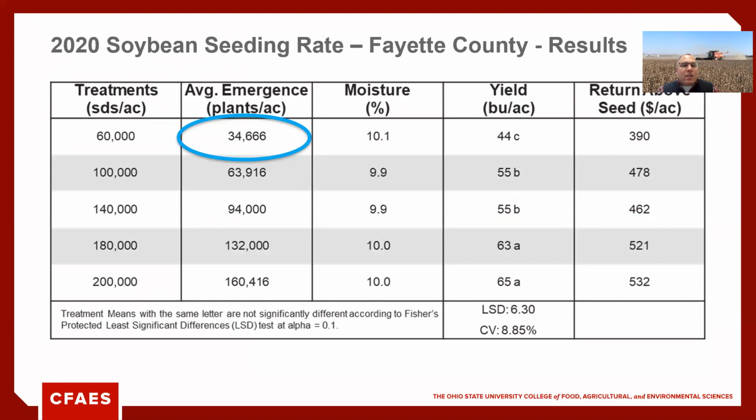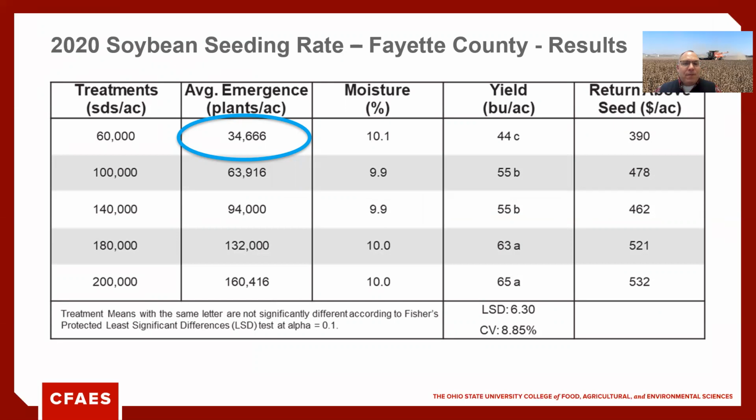But as we look at our results and break them down to determine what was our optimal seeding rate and what was our highest return above seed costs, I point out here our emergence. When you look at an emergence of 34,000 here, or actual plant population, that's pretty similar to a corn population.